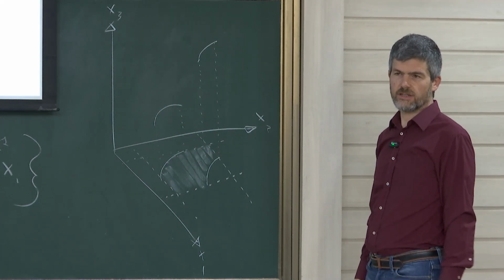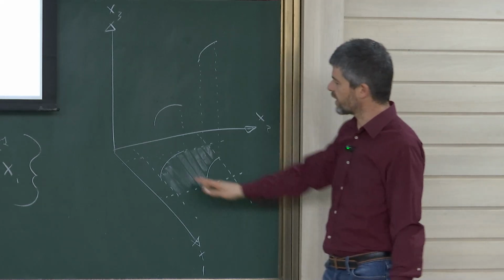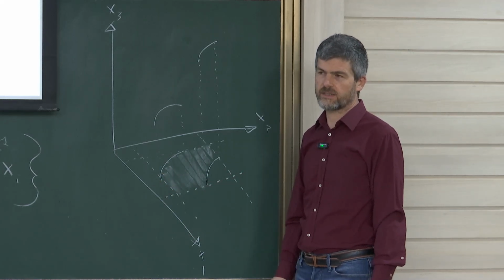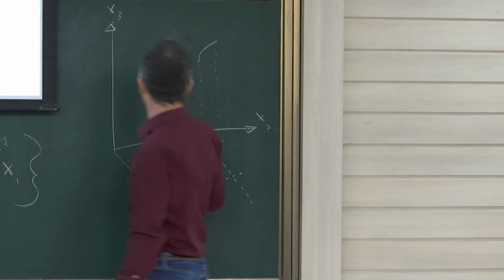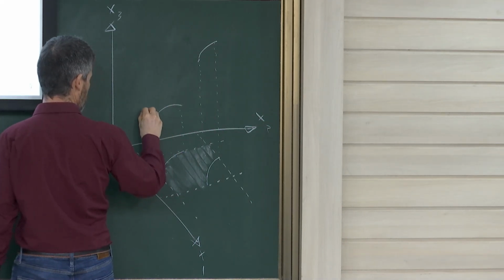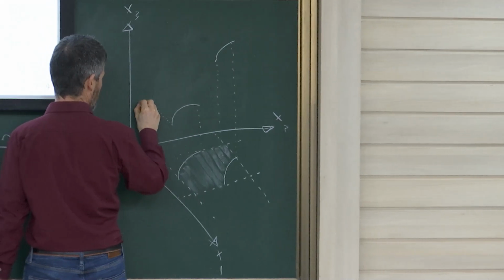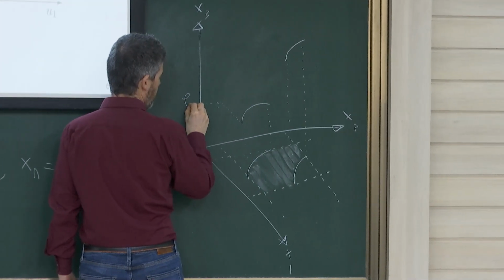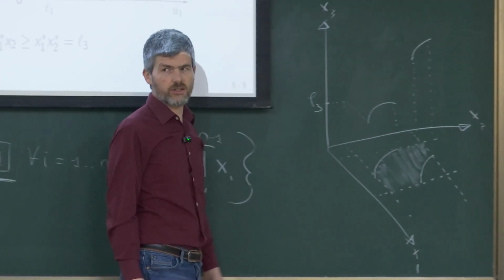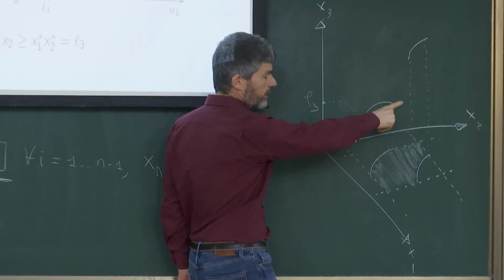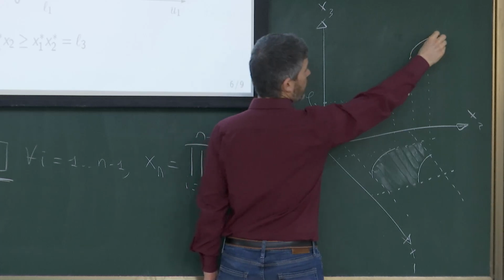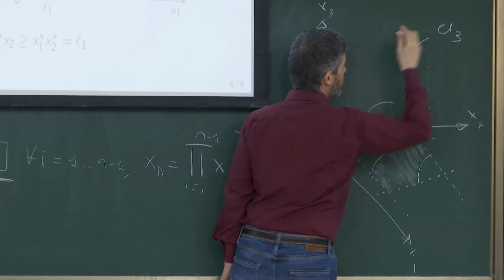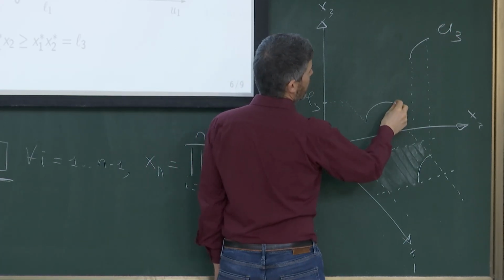So if you take the cross section, we do it step by step. If you take the cross section of x1 times x2 at L3, you're going to end up with this curve. And if you take the cross section instead at U3, this is what you end up with.